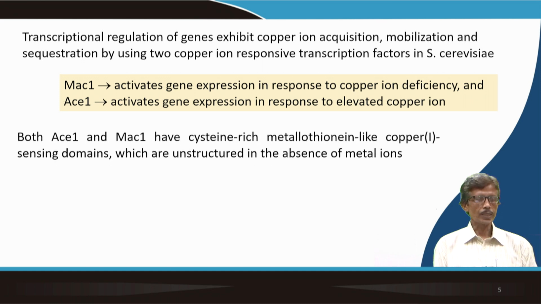So, what are these? These are nothing but a very simple molecule, where you have the amino acid residue cysteine. So, these cysteine amino acid residues are in metallothionein-like copper 1 sensing domains. In metallothioneins, we all know the metal ion is copper, thionein is the thiol, the sulfur-bearing molecules, and the end part is the cysteine, that means thiol SH, which after deprotonation will be S minus.